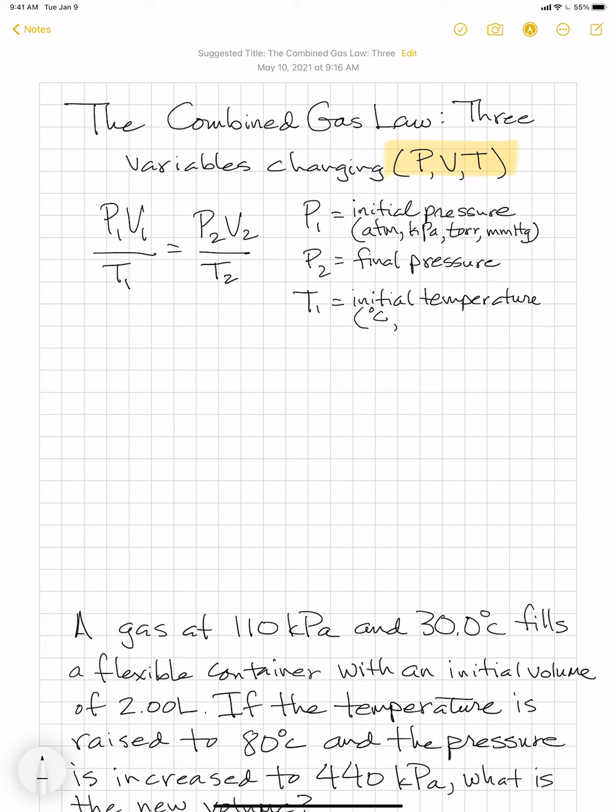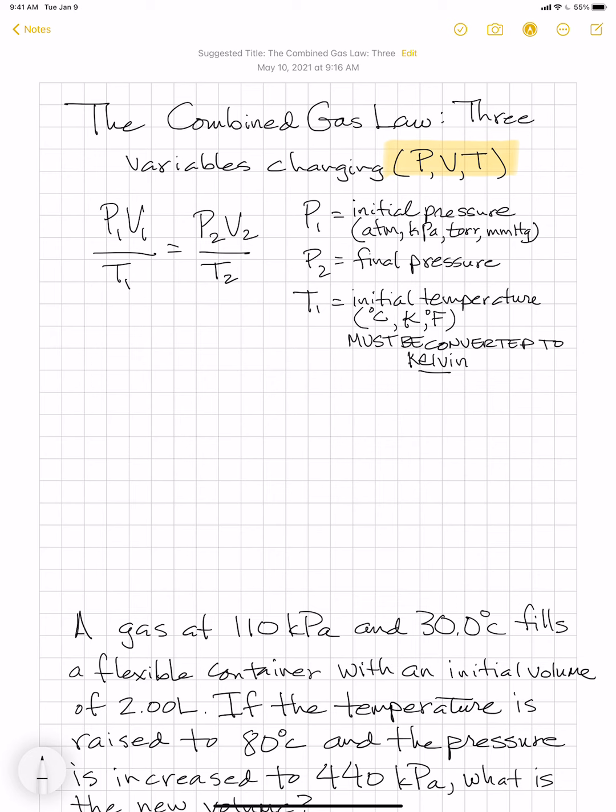Degrees Celsius, Kelvin, even Fahrenheit, okay? Degrees Fahrenheit. Those are all temperature units, but you have to remember the temperature in these gas laws must be converted to Kelvin.